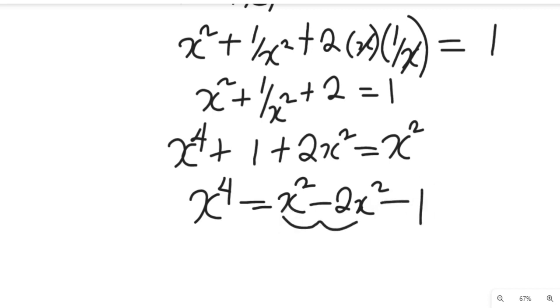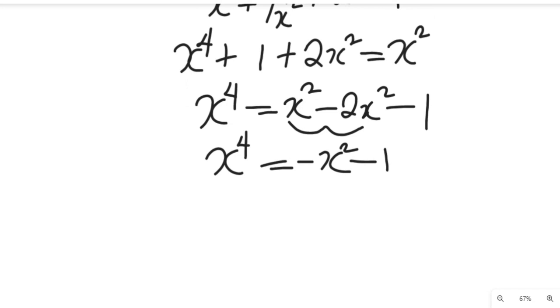Now, x squared minus 2x squared will give us negative x squared, so x to the power of 4 will be equal to negative x squared minus 1. If you subtract that, it's going to give us negative x squared minus 1. So our x to the power of 4 will finally be minus x squared minus 1.